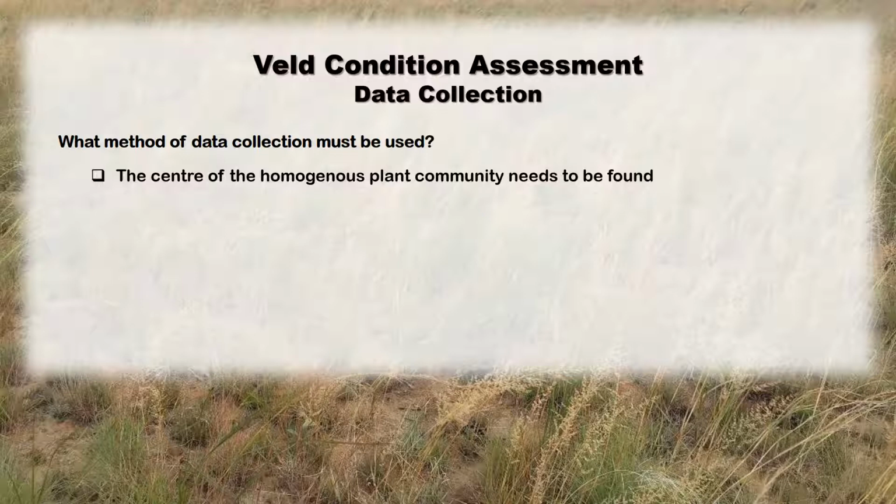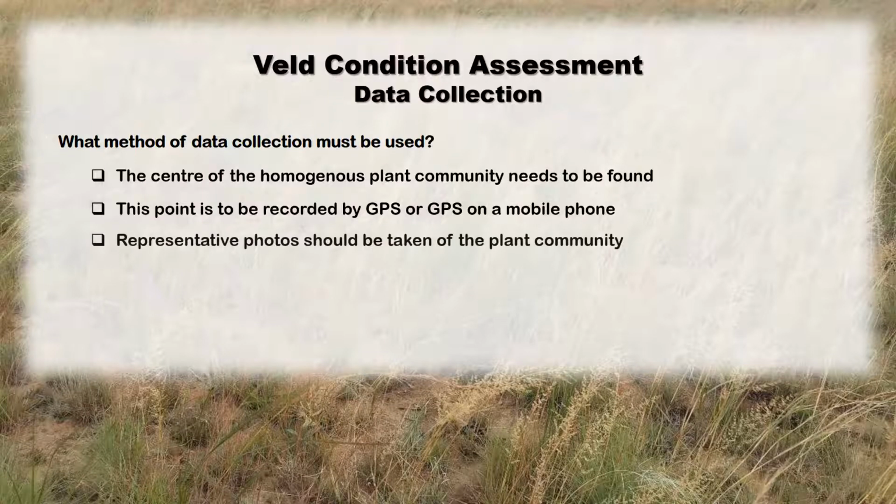So you identify your plant community using those basic characteristics: height, uniform color, majority of species. Okay. You record this plant community using a GPS or a cell phone, and you try to find the middle of that community where you're going to do your VCA.